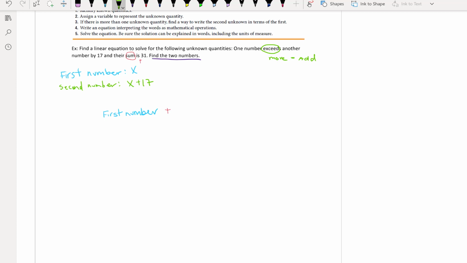So the first number plus the second number is equal to 31. We have our first number represented as x, and our second number is represented as x plus 17. And all of that is equal to 31.